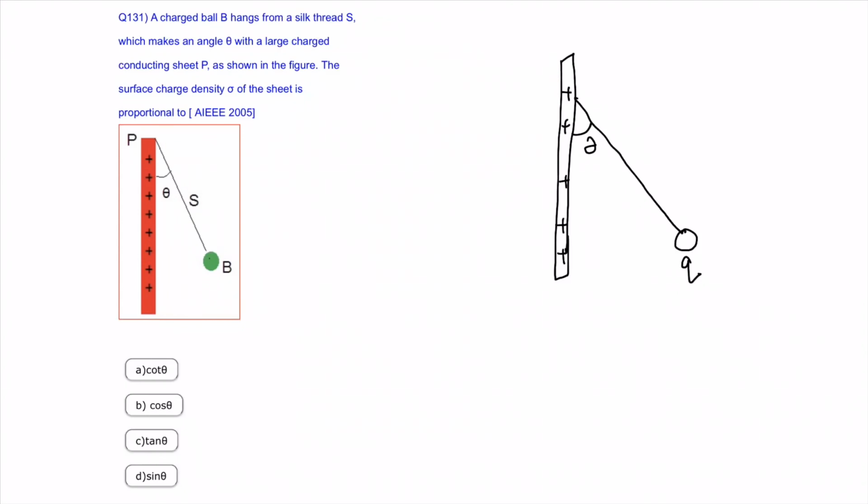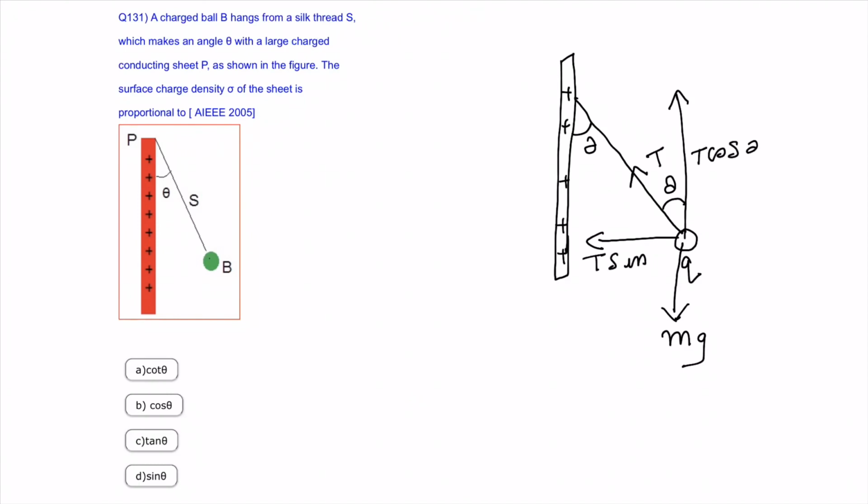Okay, now we know that the gravitational force will be acting vertically downwards. Tension will be acting in this direction, right? Now I am resolving tension into vertical and horizontal components. This will also be theta because of alternate angles, right? Now this will be T cos theta and this will be T sin theta.